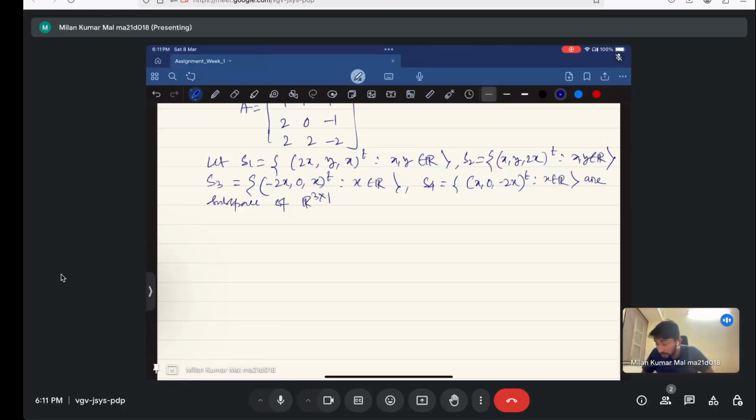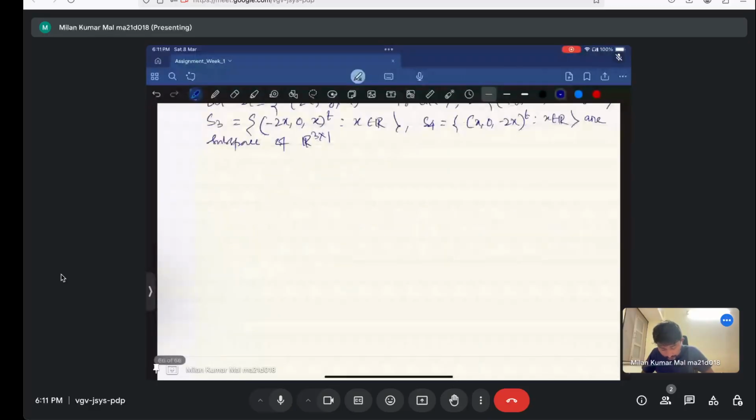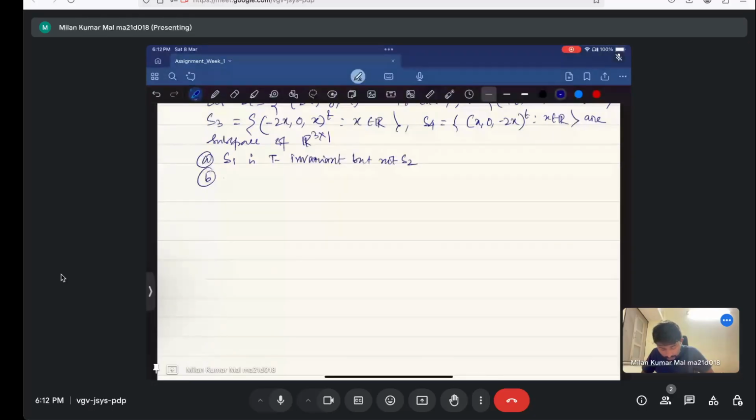So the options are given like this. Option A: S1 is T invariant but not S2. Option B: S1 is T invariant but not S1.